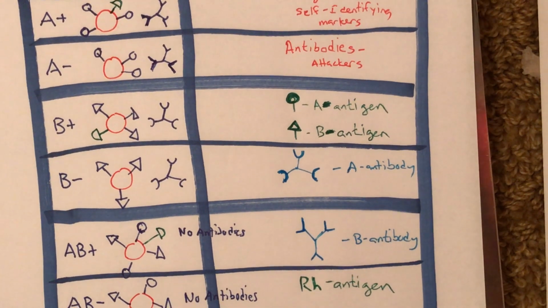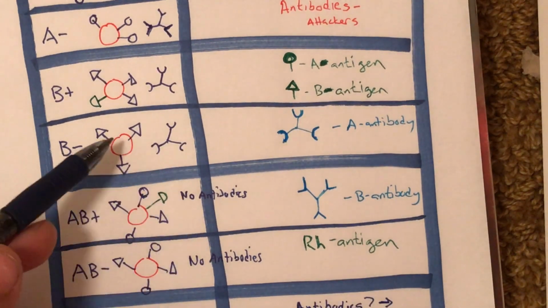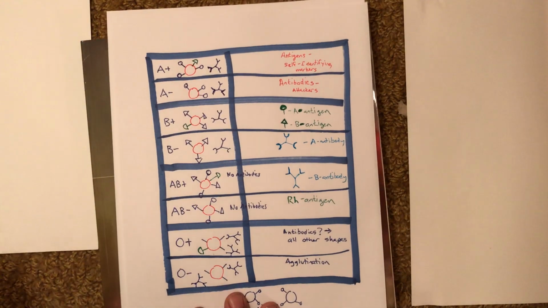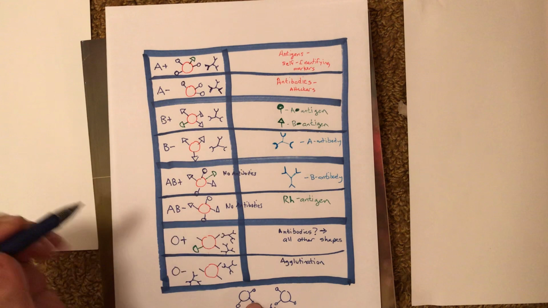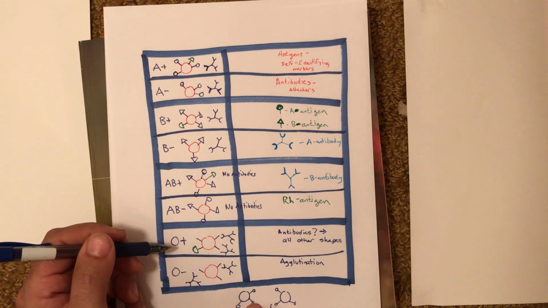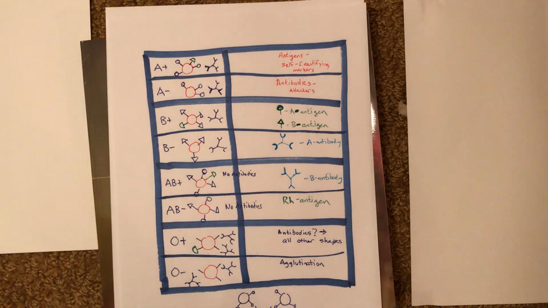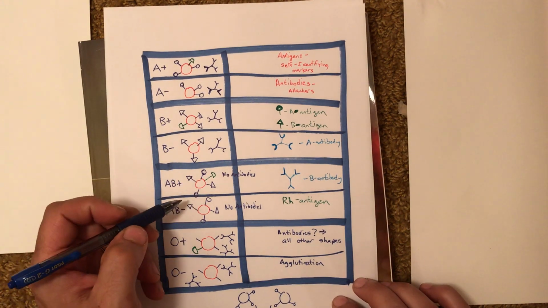Now we ask ourselves, well, who can give to who, and who can receive from who? Before we can answer that, we have to understand that when we draw blood, we call that whole blood, and then it's centrifuged, and we separate the blood into its different constituents.